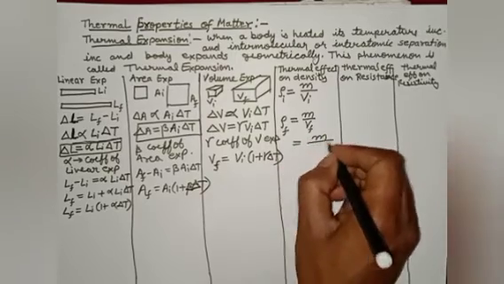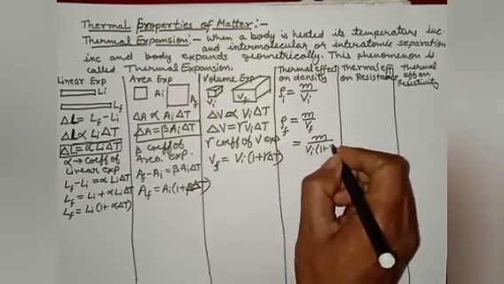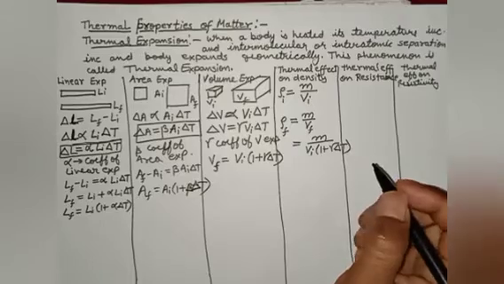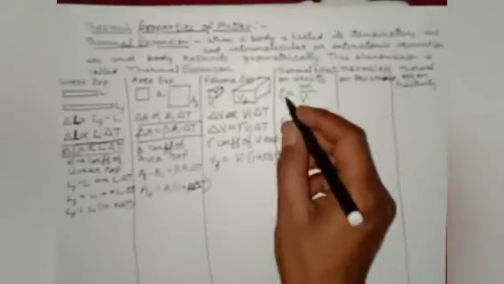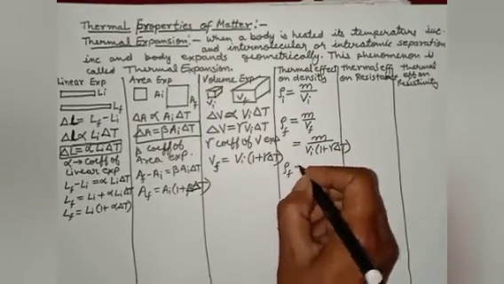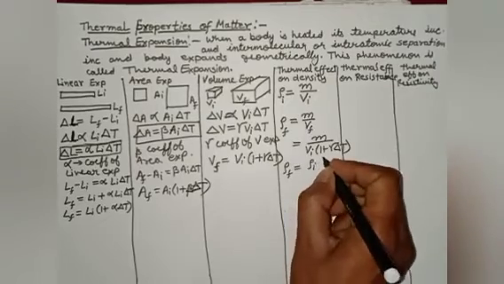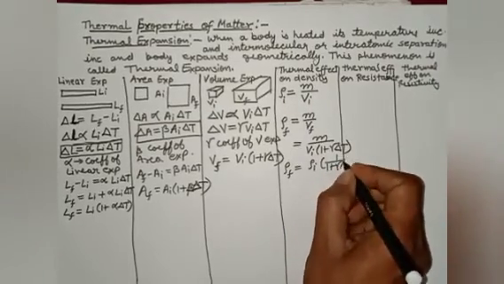So mass upon Vi (1 plus gamma delta T), and mass upon volume is rho I. So rho F is equal to rho I times 1 upon (1 plus gamma delta T).